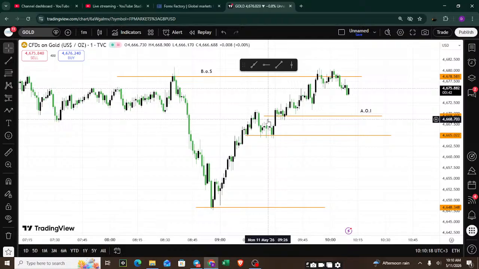Then we wait for price to give us a confirmation of a bullish engulfing candle. So you can see you cannot control the market. You can only control yourself and your actions and your behavior during the market session.